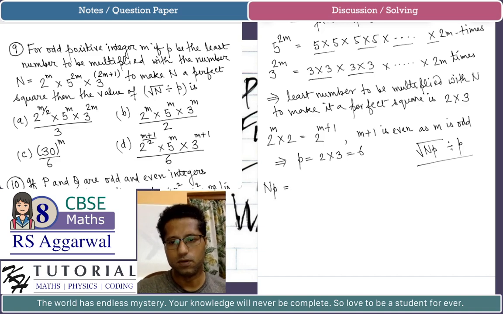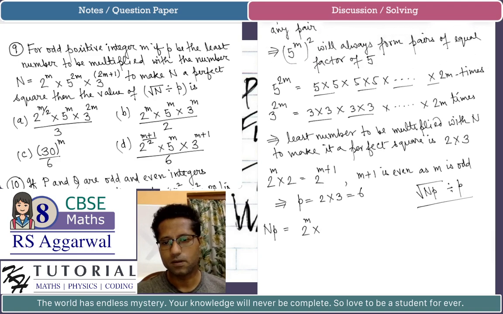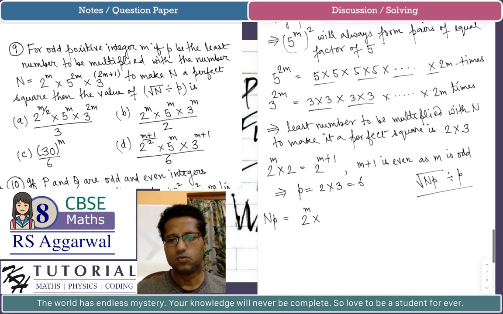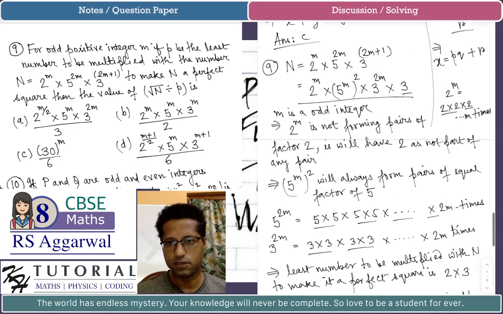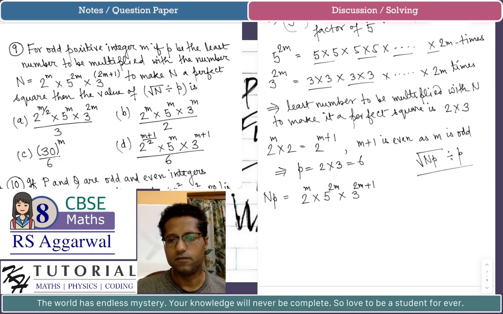np will be equal to, we know p will be 2 multiplied by 3, which is 6. So if we multiply n with p, we have n as 2 to the power m, 5 to the power 2m, and 3 to the power 2m plus 1. This was the initial given prime factorization of n. We multiply this with p, which is 2 into 3.